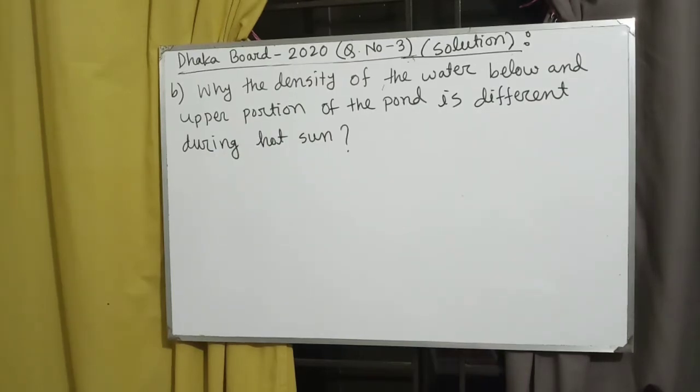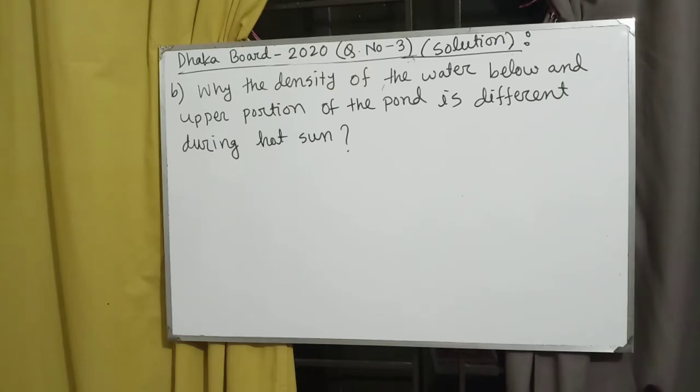Our question number B is why the density of the water below and upper portion of the pond is different during hot sun. Okay, so the answer is we know that density of water varies with temperature.